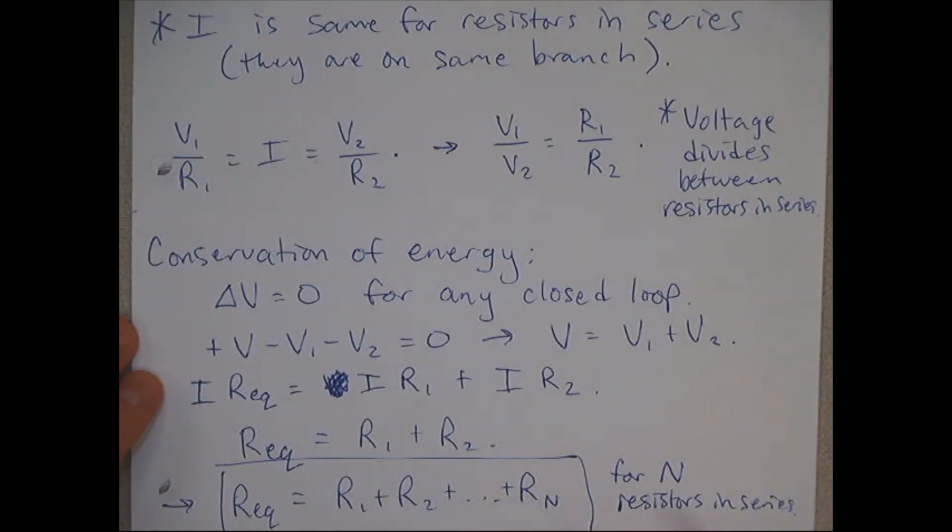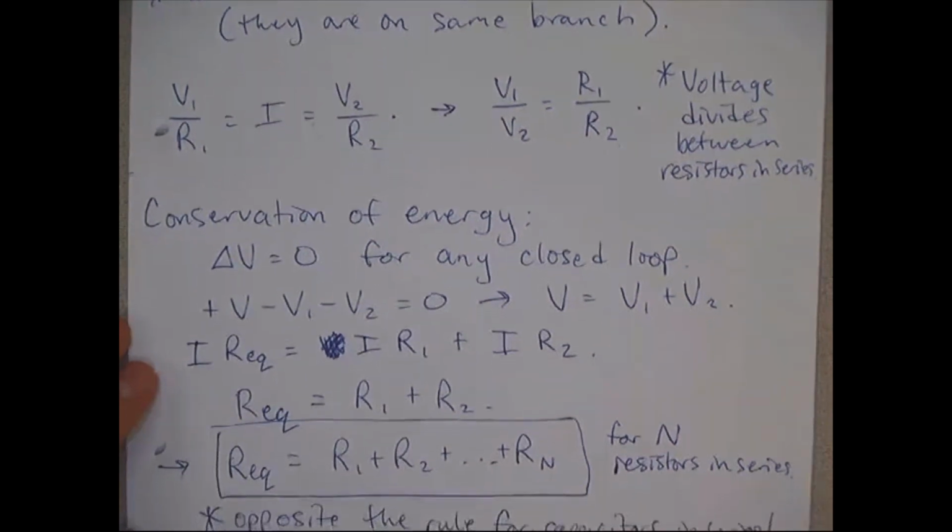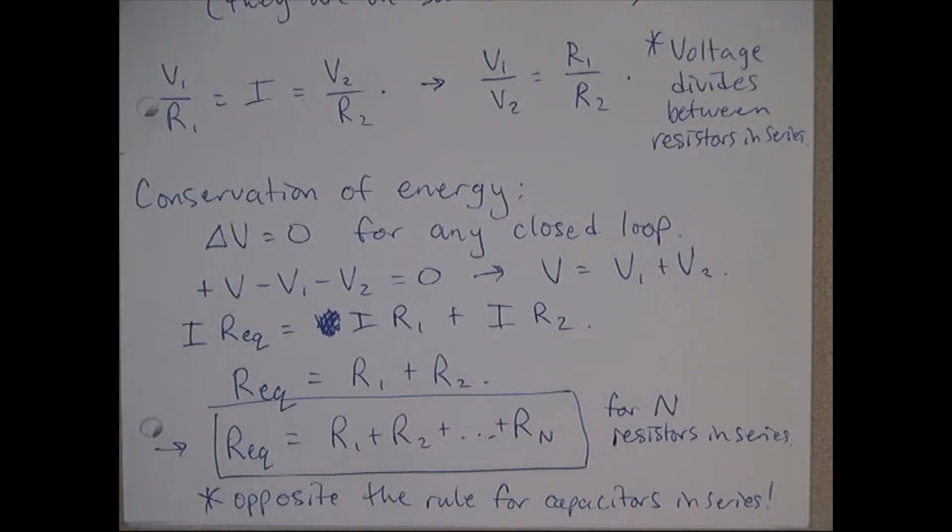R1 plus R2 plus so on up to Rn for any number of resistors in series. And you see again that the rule for resistors in series is opposite of the rule for capacitors in series.